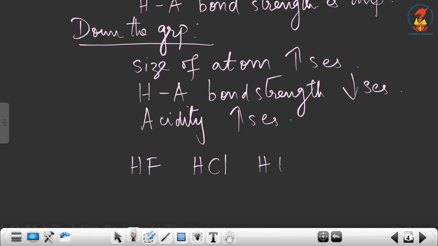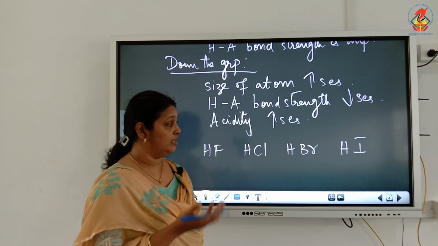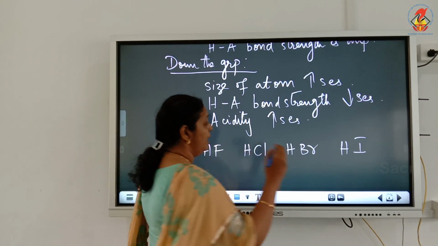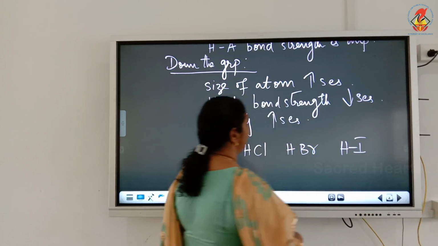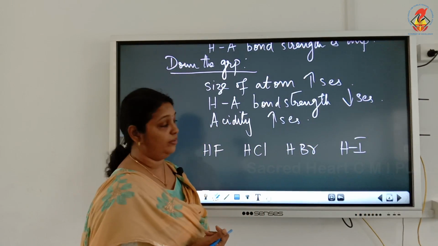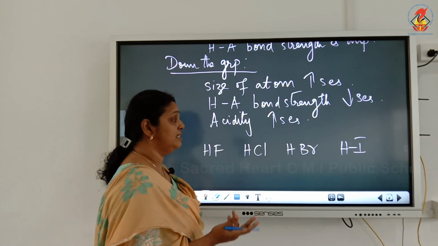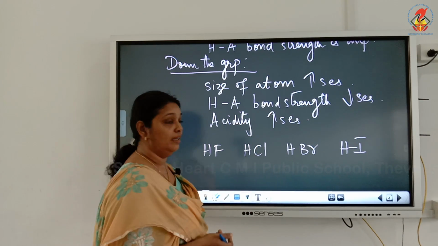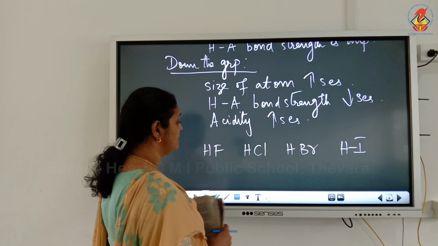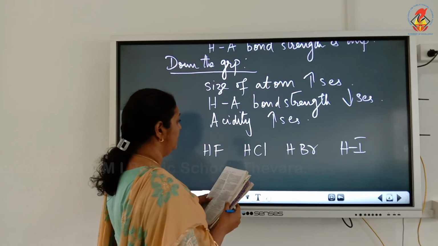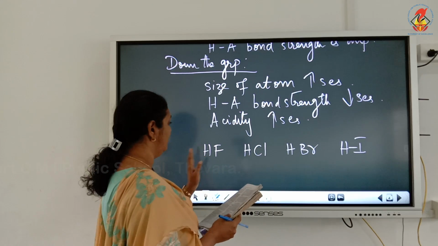Now, if we take group 17 elements, you have hydrogen fluoride, HF, HCl, HBr, HI: hydrofluoric acid, hydrochloric acid, hydrobromic acid and hydroiodic acid. These are the 4 acids, and down the group, size increases. So iodine has the biggest size, HI bond strength decreases, acidity increases. Among the hydrogen halides, the maximum acidity is for HI and the least acidic is HF.